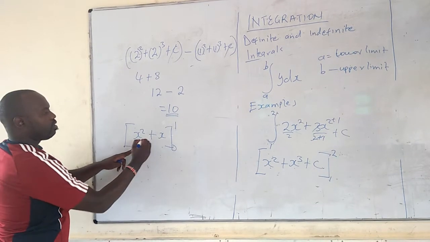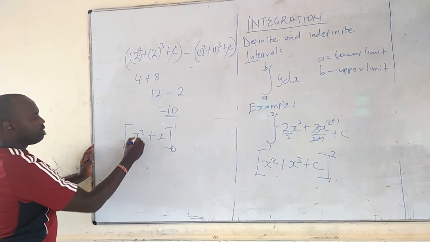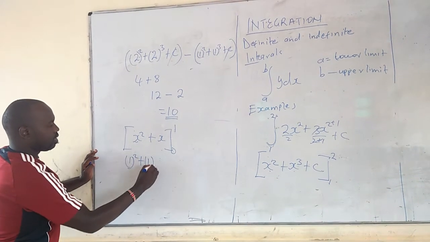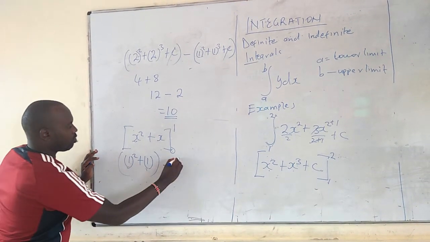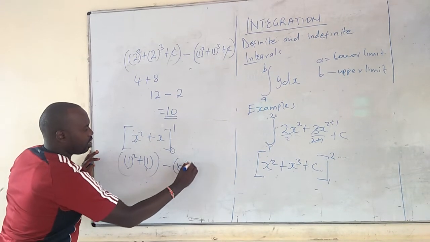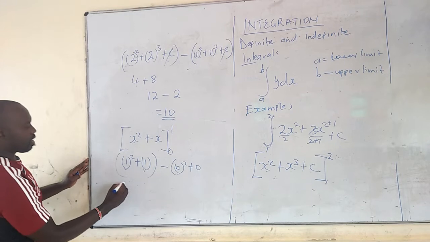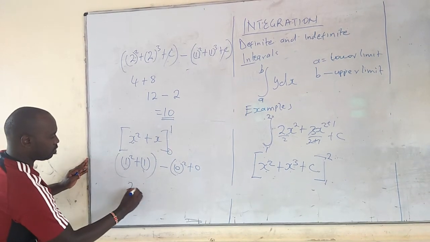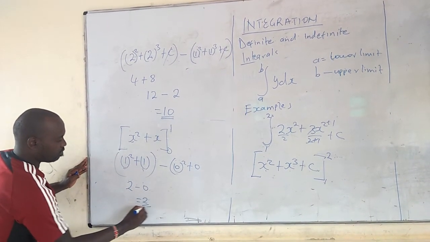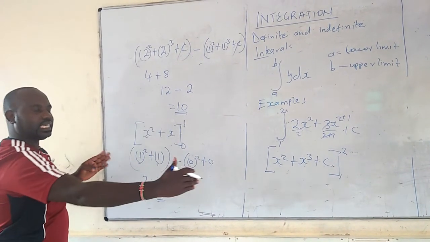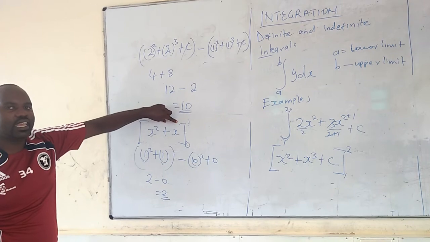For this one, you just substitute directly: 1 squared plus 1, minus 0 squared plus 0. This one is already integrated courtesy of the square brackets. So this will be 2 minus 0 to give us 2. When you see the square brackets and the limits are on the right, it means this is already an integral.